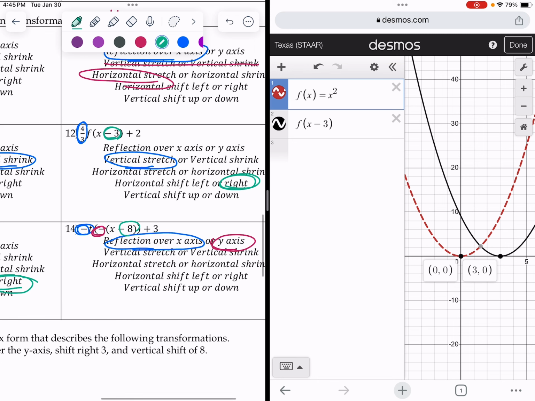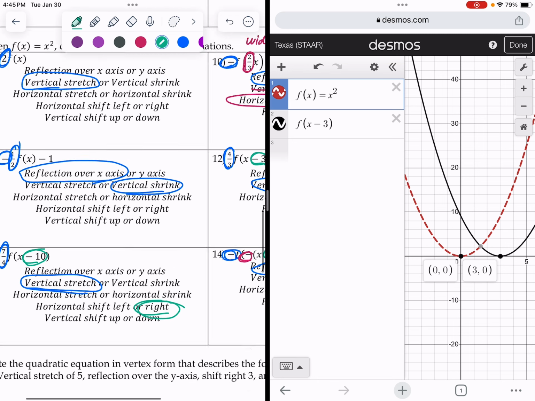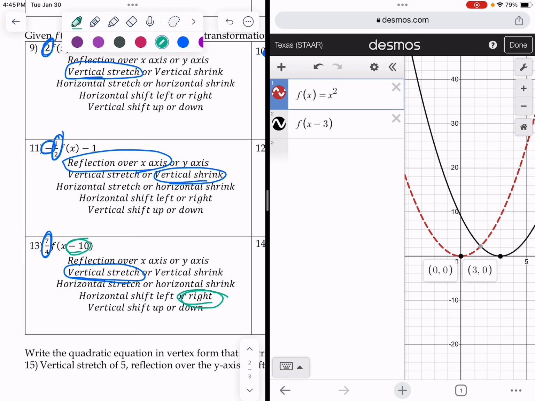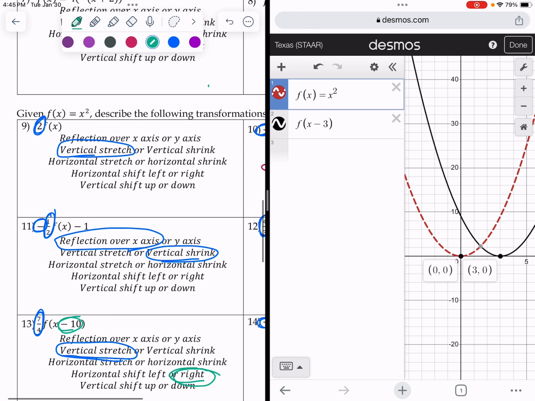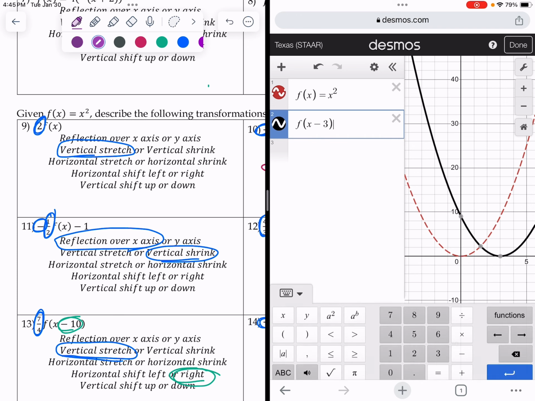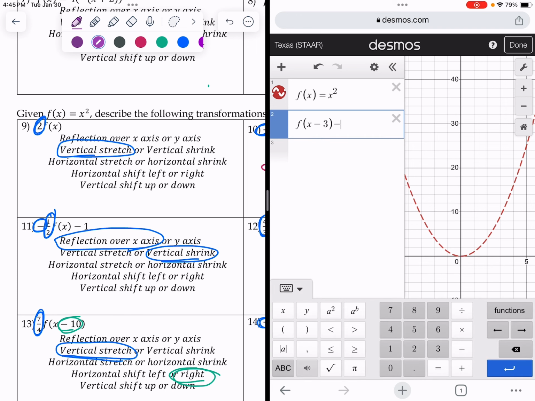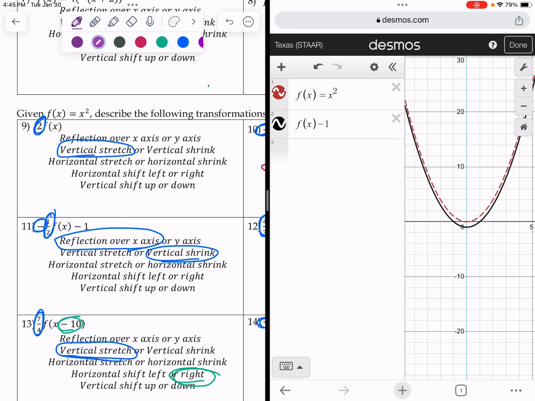And then this -8 is going to move us right 8. All of these were right. Okay, and then for the up and down, if I put a -1 outside, it's going to move it down. And you can check -1 and get rid of that -3. Moves it down.